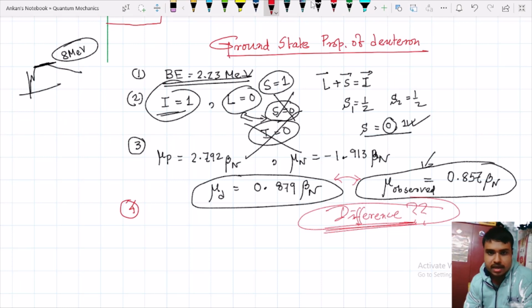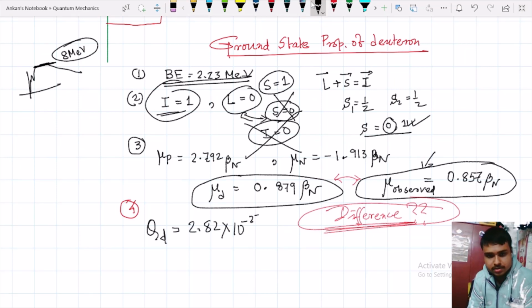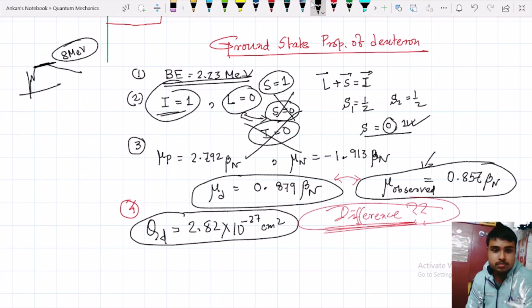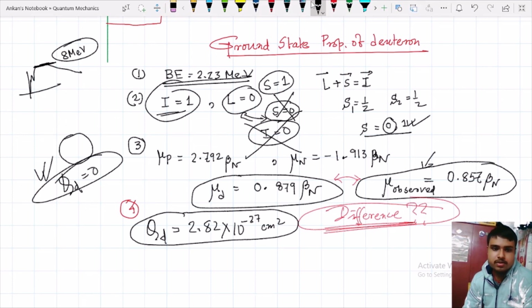The fourth striking feature observed was that the deuteron has a quadrupole moment, 2.82 into 10 to the power minus 27 centimeter square. This is a very small quantity, but not at all zero. If we consider the deuteron nucleus to be spherically symmetric, then the quadrupole moment must be 0, as we have shown in nuclear physics lecture 1, that the total electric quadrupole moment is 0 for a spherical configuration.